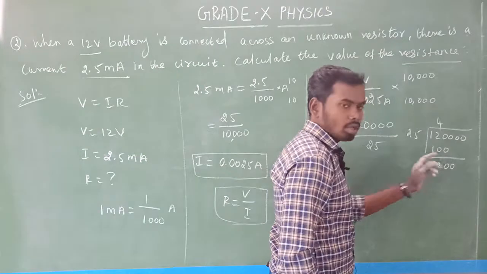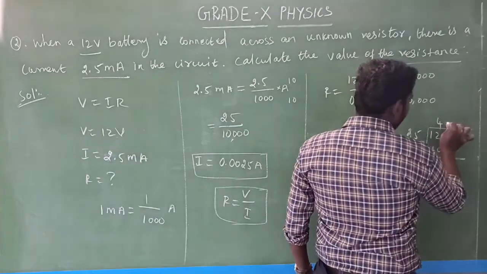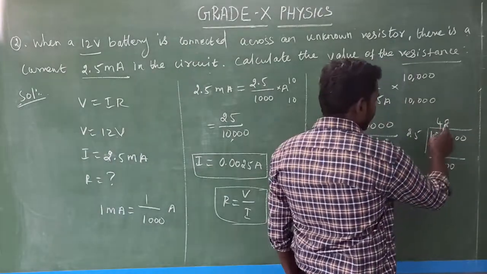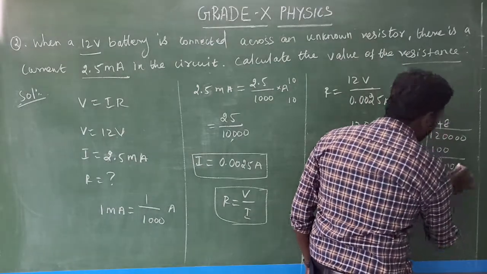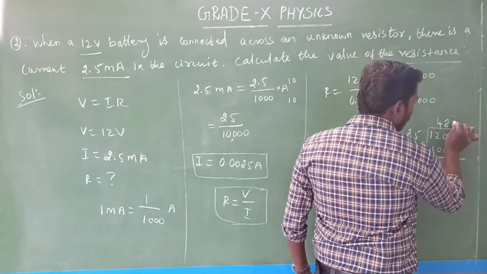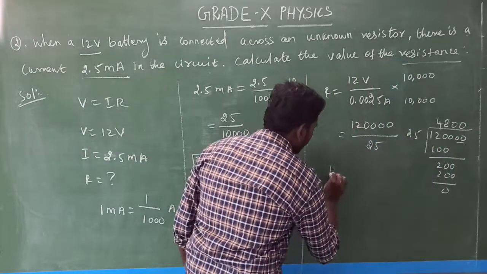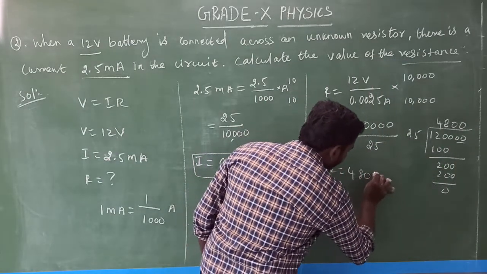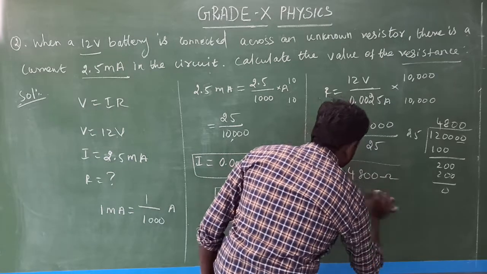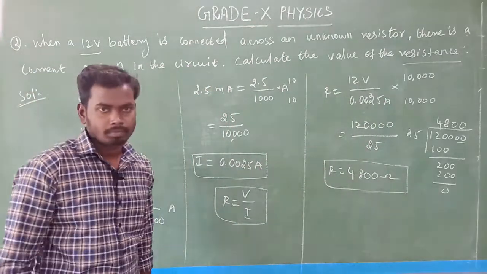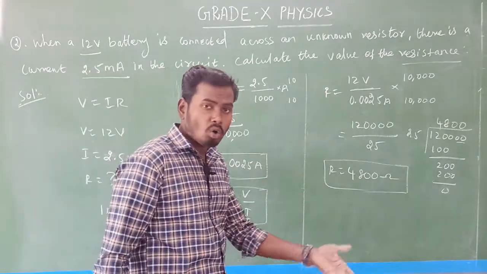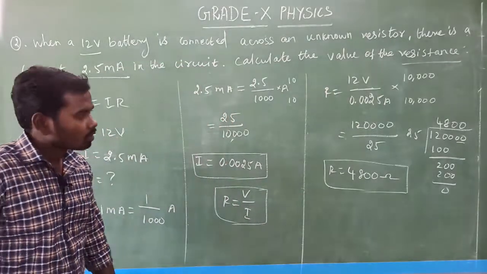Then 8 into 25 is equal to 200, so the remainder is 0. So the resistance value will be 4,800 ohm. This is one type of question. The resistance value is 4,800 ohm.